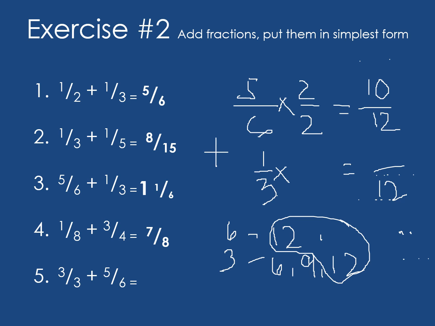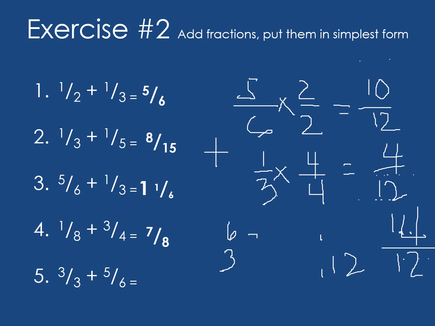In the second fraction, what number? 4. 3 times 4 is equal to 12. So in the numerator it is also 4. 1 times 4 is equal to 4. So you have to add now. 10 plus 4 is equal to 14. Copy the denominator 12.